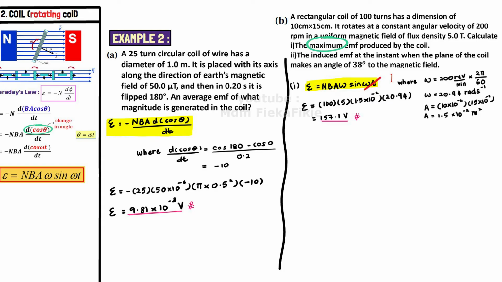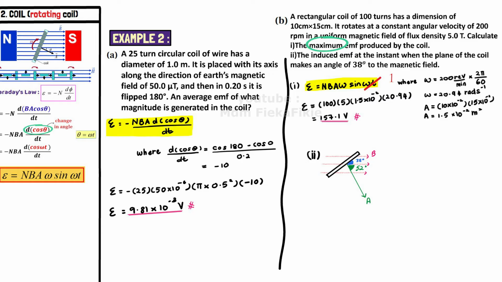Calculate the induced EMF at the instant when the plane of the coil makes an angle of 38 degree to the magnetic field. Okay, perhatikan betul-betul, 38 degree adalah angle antara plane of the coil and the magnetic field, bukan angle antara A dan B. Alright, so untuk angle yang berwarna biru itu adalah angle antara plane of the coil and the magnetic field, which is equal to 38 degree.